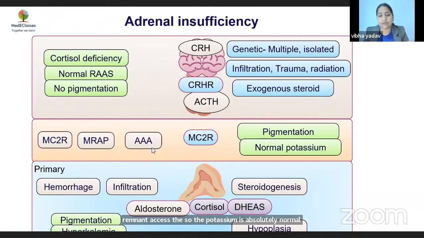In primary adrenal insufficiency, both mineralocorticoid, glucocorticoid and androgen action, everything is disturbed. So these patients present with pigmentation and hyperkalemia. This potassium level alone is a very big help in differentiating the central and the receptor problem from primary adrenal insufficiency.